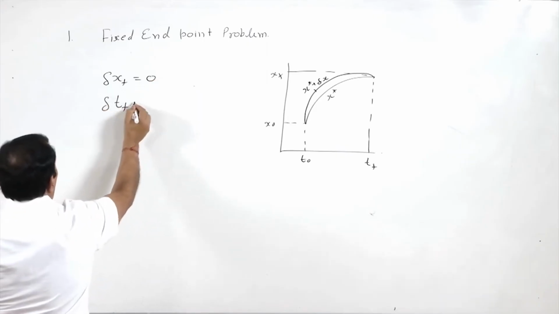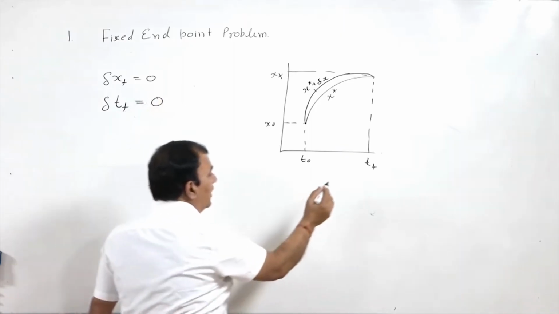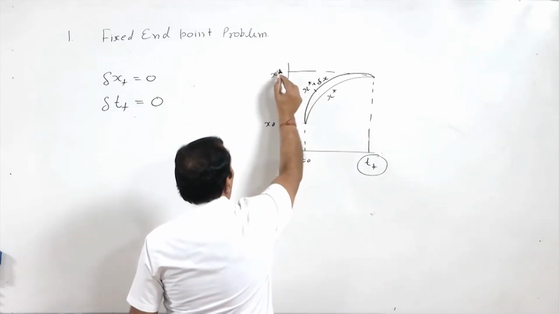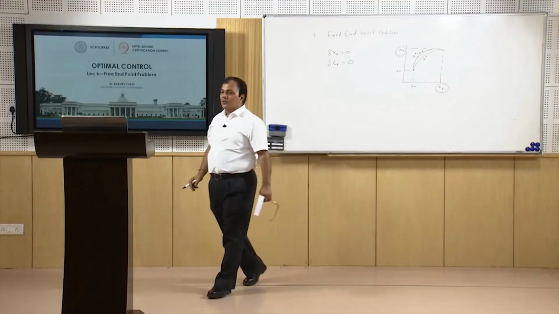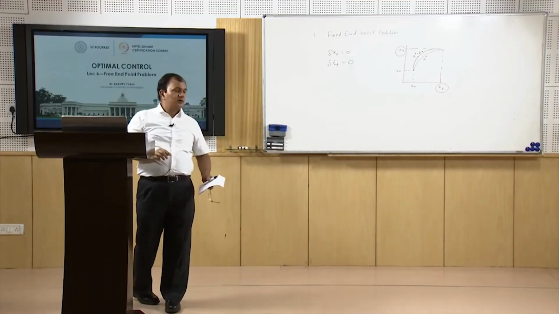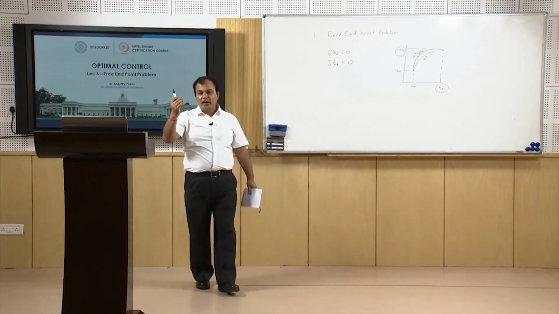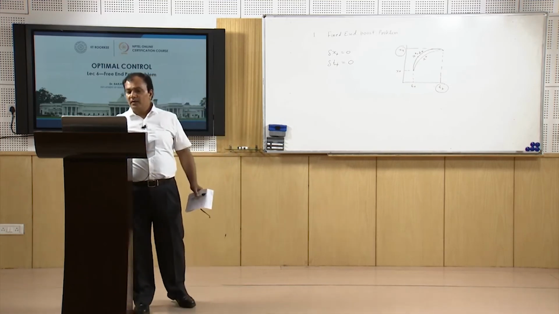With the same logic, my delta Tf will also be 0, because there is no variation in Tf at this point and there is no variation in the x at this point. So, in this particular case these two will be 0, and to find the minimal we have to solve only the given Euler equation.